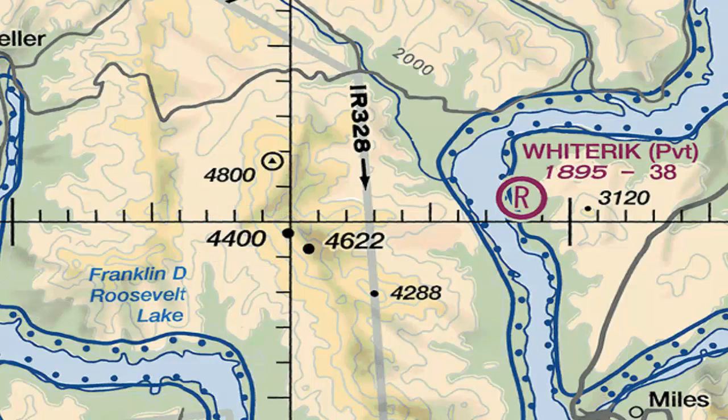We can see just on the other side of the quadrant tick line is a peak that's 4,622, and it has the same dot size, same font size, and so it's the highest natural elevation in that quadrant. And you can compare that to a typical elevation in a quadrant, the 4,288 feet. And you can notice the dot size is much smaller and the font is much smaller.